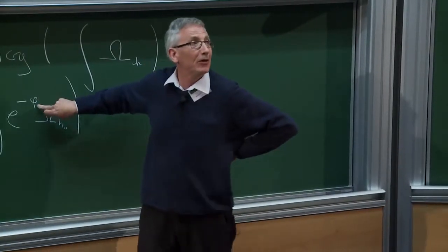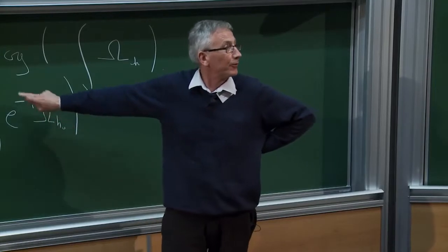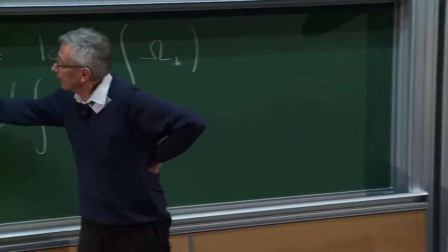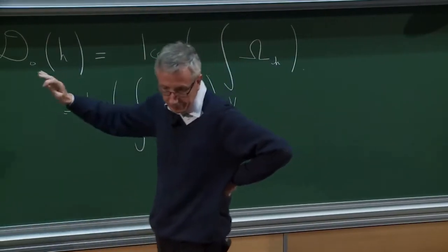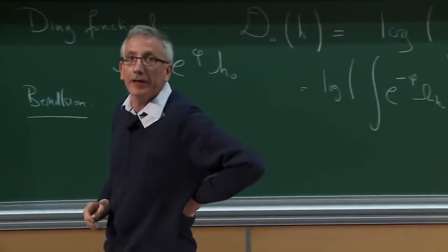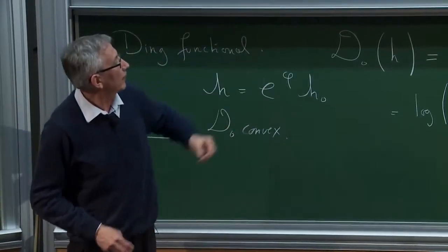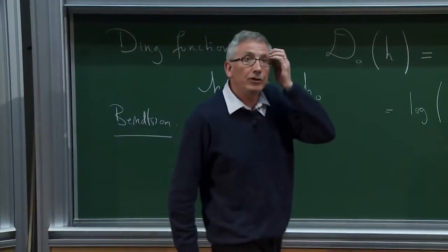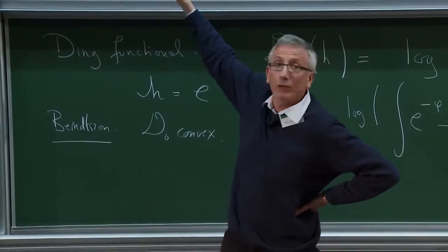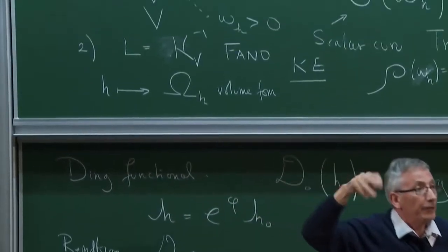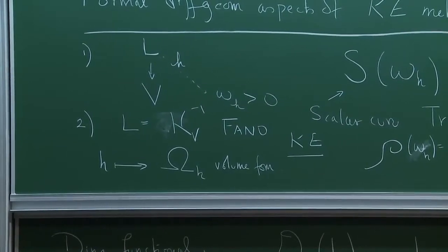Phi can be a long way away from being smooth in order to define this. So the one virtue of the Ding functional, as compared to other things we're going to mention, is that it can be defined in situations where we want to consider metrics of low regularity, or more generally, where the space we're working on is not actually a manifold, but some kind of singular space.